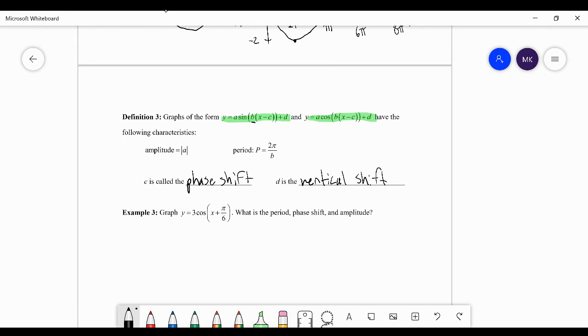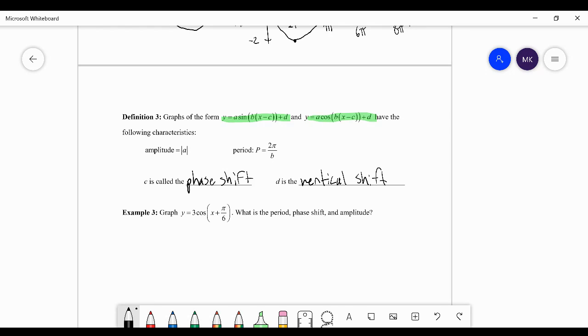So you have to be very careful when you're looking at the phase shift and your period, making sure that it is actually in this form and that it's not written as like bx minus c. Okay, it needs to be written as b times the quantity x minus c. And we'll talk about how to deal with that here in a little bit. It's really easy, you just factor.